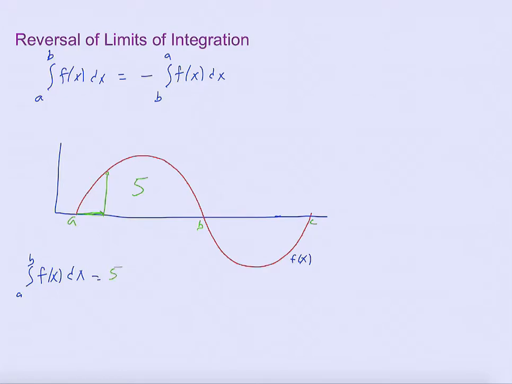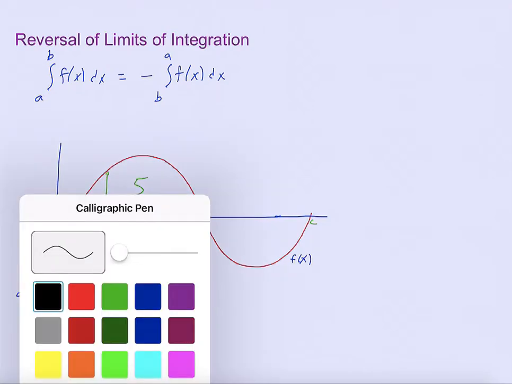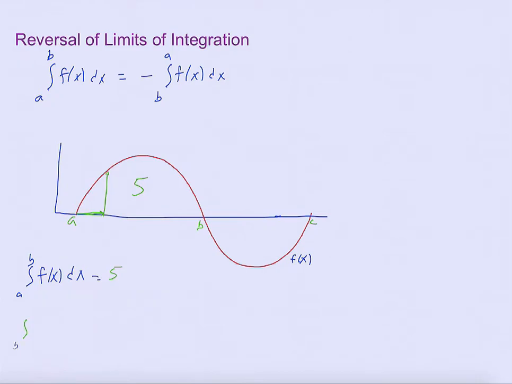The point is, what connects to the property I wrote above is if I were to take the definite integral from b to a of f of x dx, it's a very similar idea.